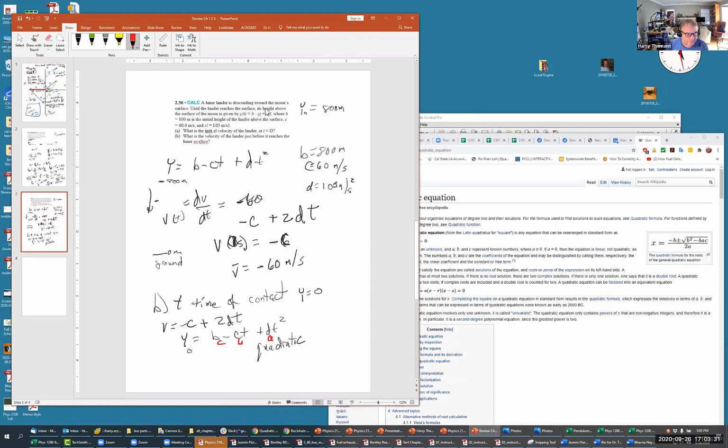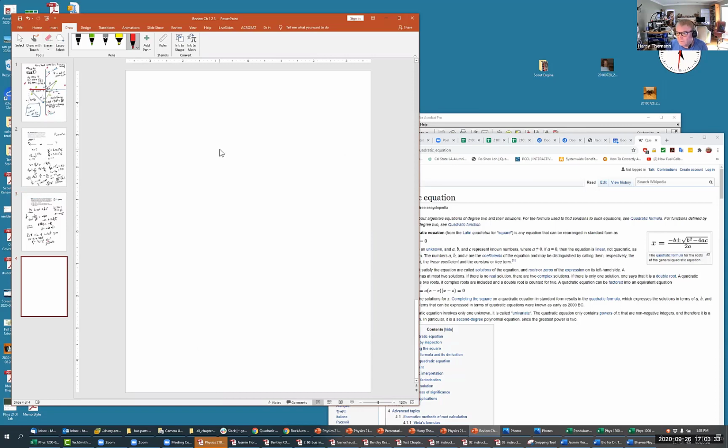I want to do this. I haven't done one of these in a while. So t equals minus b plus or minus the square root of b squared minus 4ac, over 2a.